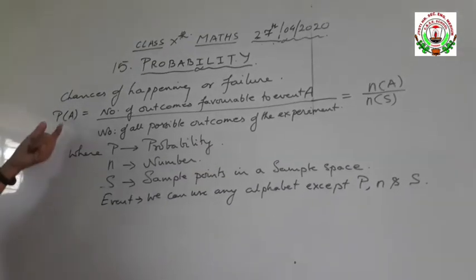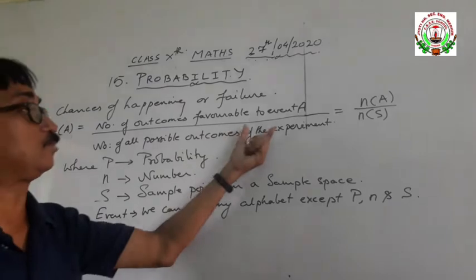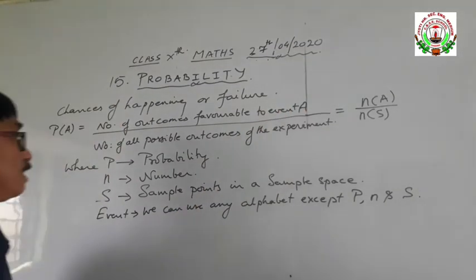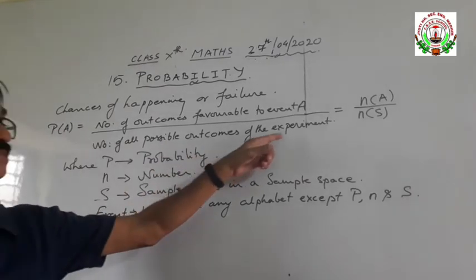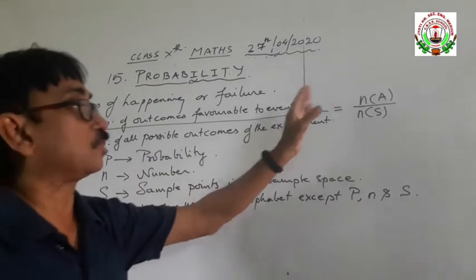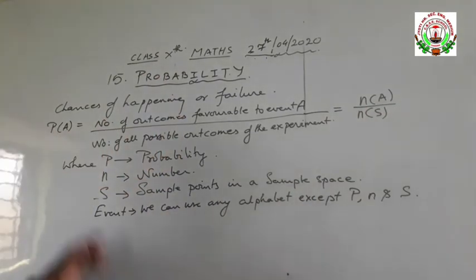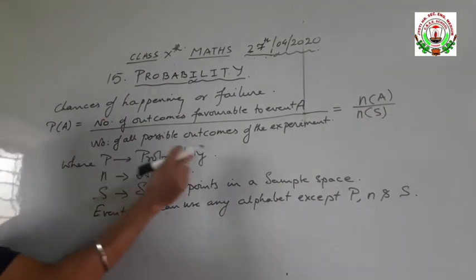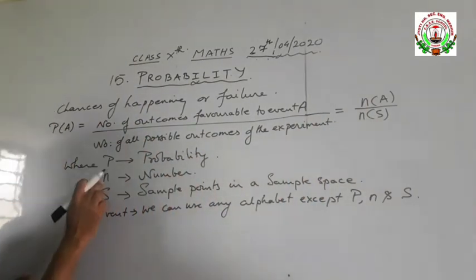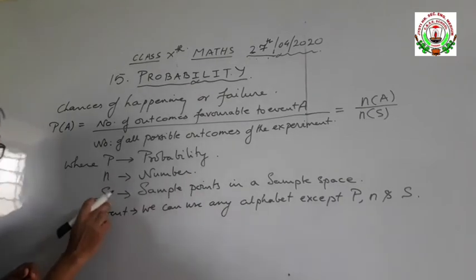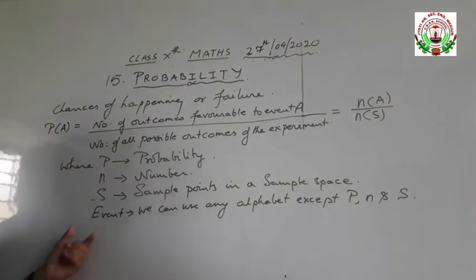So, probability's definition is given by the number of outcomes favorable to that particular event divided by the number of all possible outcomes of the experiment, and that is in short written as n(A) upon n(S), where P always stands for probability, small n stands for number, S stands for sample points in a sample space, and A for event.